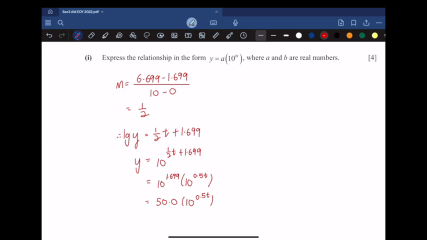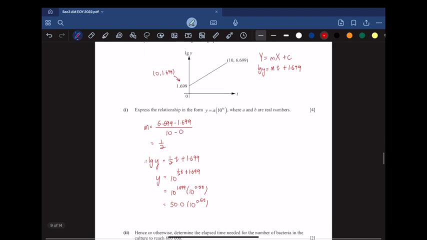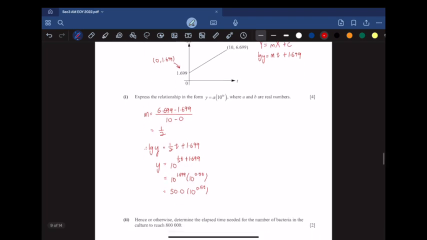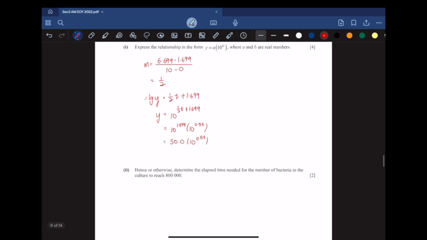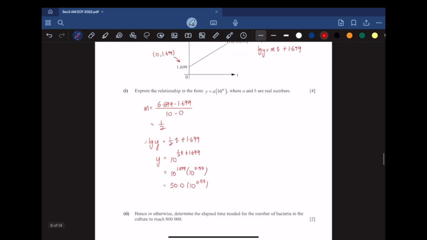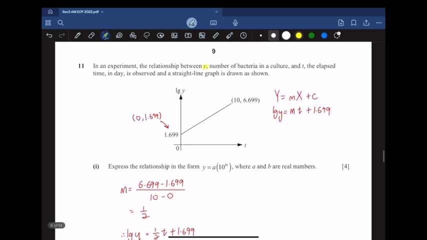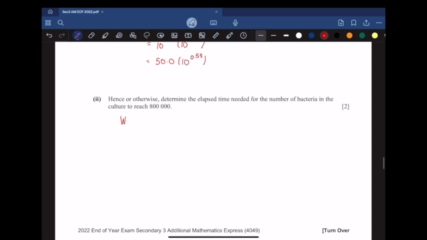Quite simply, we can obtain these values based on the information given from the question. For part 2, hence or otherwise, determine the elapsed time needed for the number of bacteria in the culture to reach 800,000. Essentially, y is the number of bacteria, so the question is saying when y equals 800,000, find t.